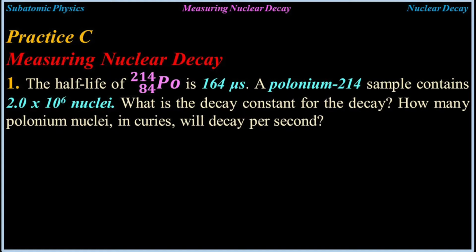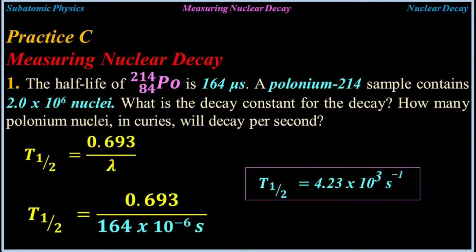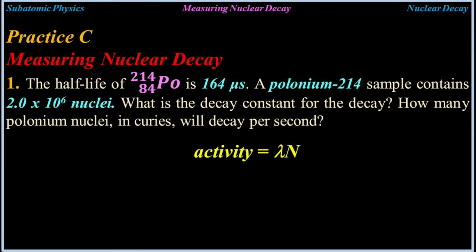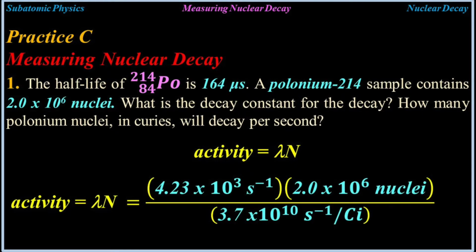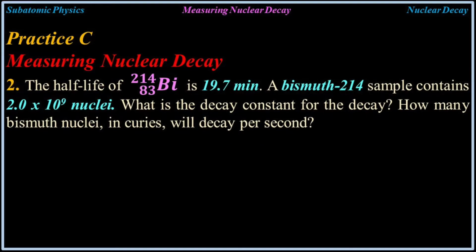Okay, so let's find the equation for half-life, which contains lambda. We're going to plug in lambda, and we're going to come up with the half-life. So now we want to find the activity, which is lambda n, and we'll plug in including the conversion factor, and the activity is going to be 0.23 curies.